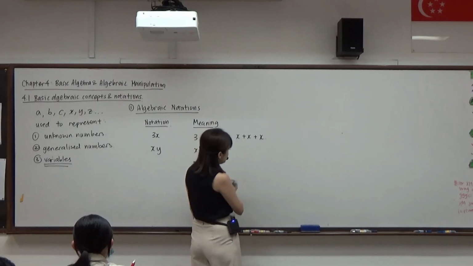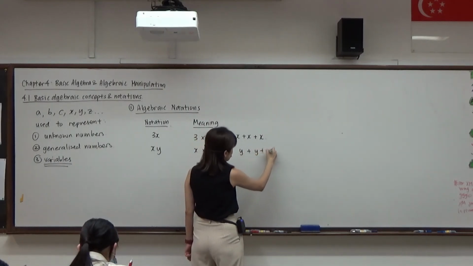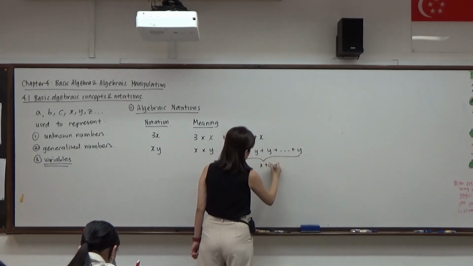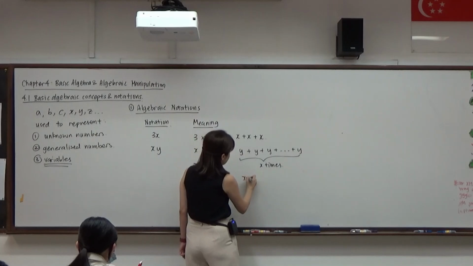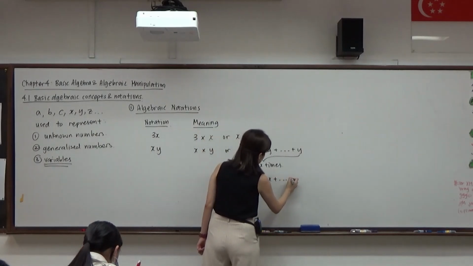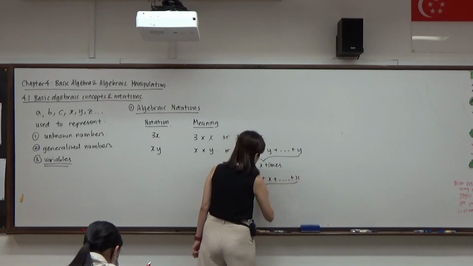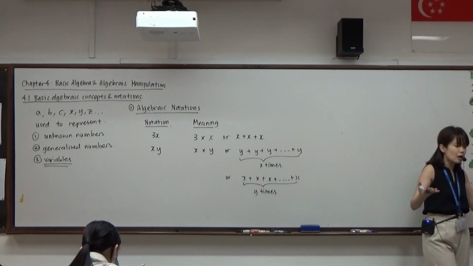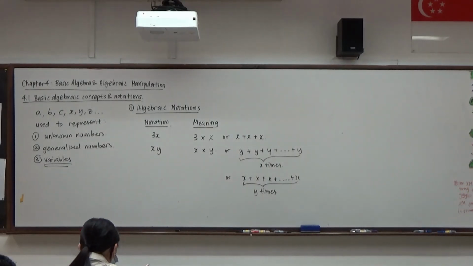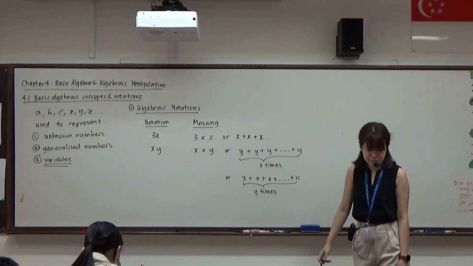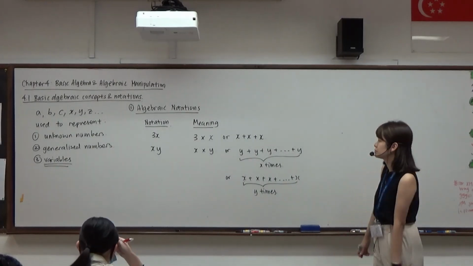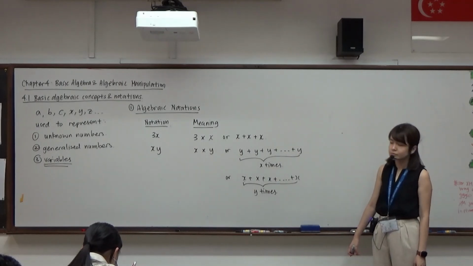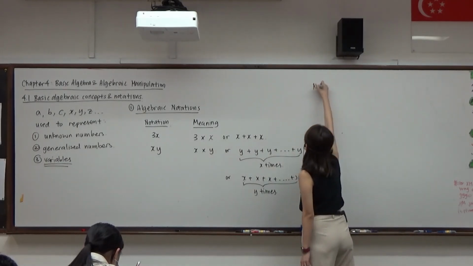If I want to think about it in addition, it will mean y plus y for x number of times, or I can see it as x plus x for y number of times. That is our understanding about how multiplication and addition is like. Then continuing over here.